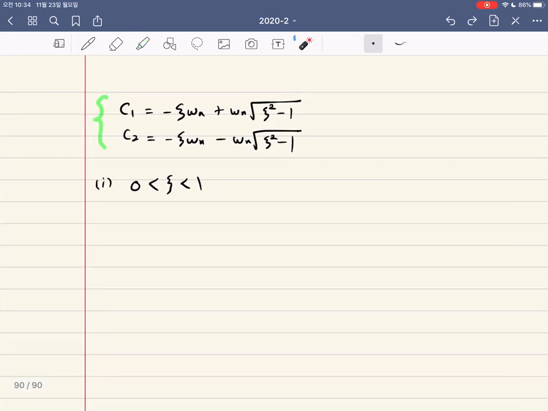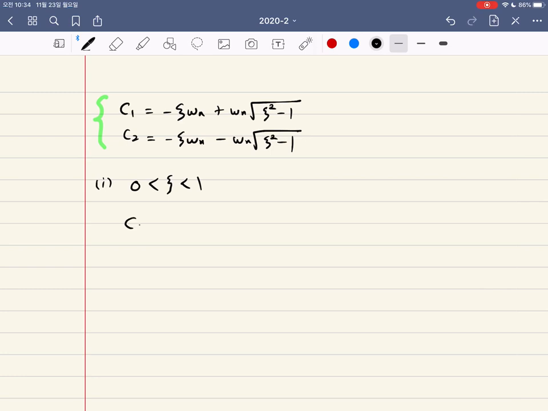And moreover, you can find out that you have the same real part and the different imaginary part with the reverse sign. Therefore, these two are complex conjugate to each other.